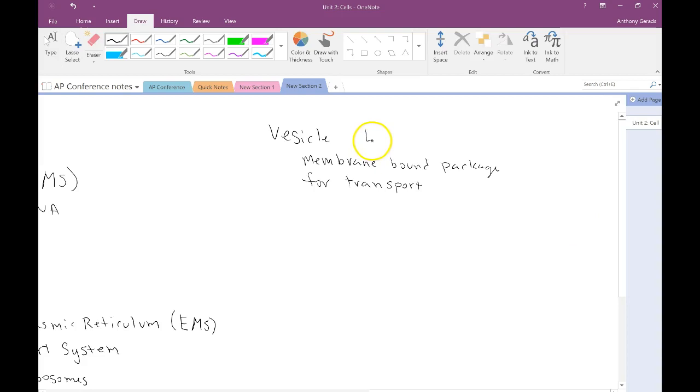It's also part of our EMS, our endomembrane system. Yep. And then finally, that vesicle is going to carry it to the cell membrane, which is going to be our final part of our endomembrane system we talk about.